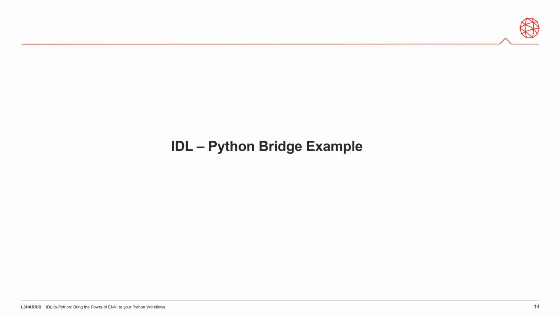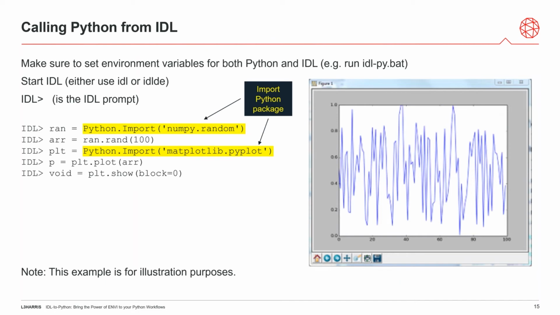All right. So now that we got the formalities out of the way, let's get down and start showing some real examples. So first thing we're going to do is the IDL Python bridge. This is IDL calling Python, or calling Python from IDL, however you want to say it, the Yoda way, I guess. Focus on the lines that are highlighted here.